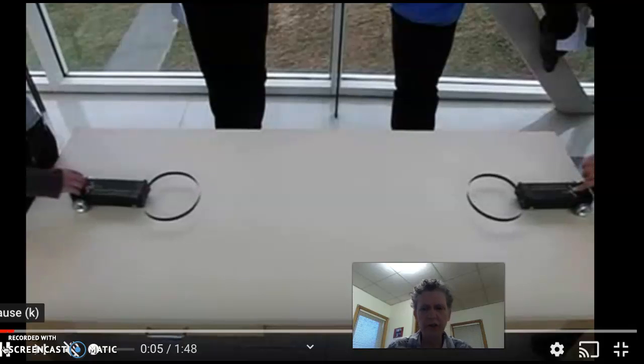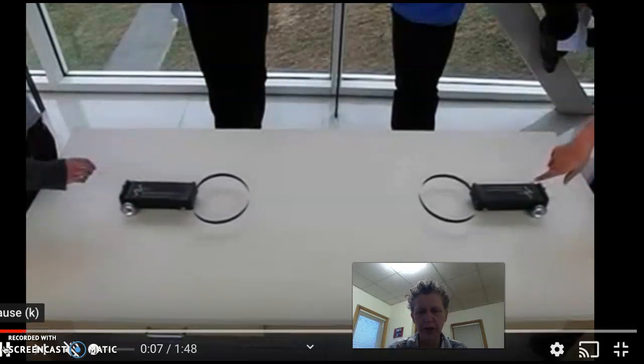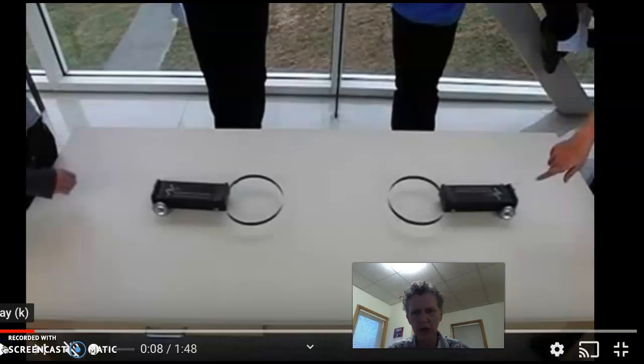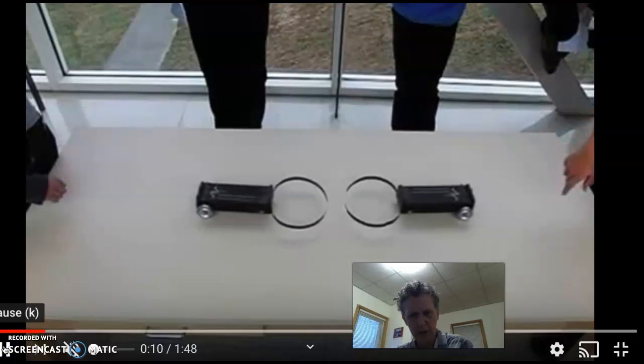In the first image, you've got two carts. We'll call the cart on the left cart 1, and the cart on the right cart 2. In this situation, the carts are equal in mass, and they're traveling with an equal speed, so they're equal in every way, and they're going to hit each other head on. Watch what happens.